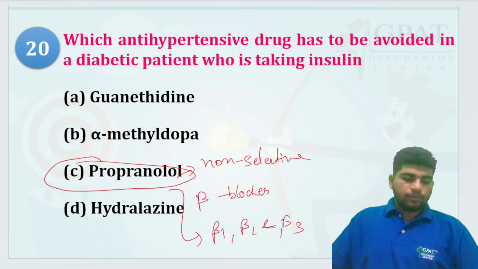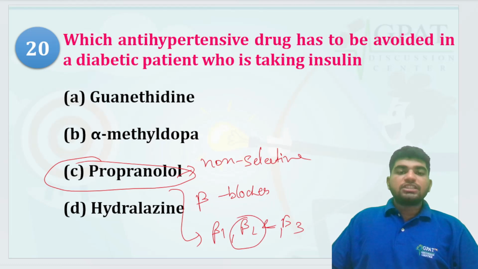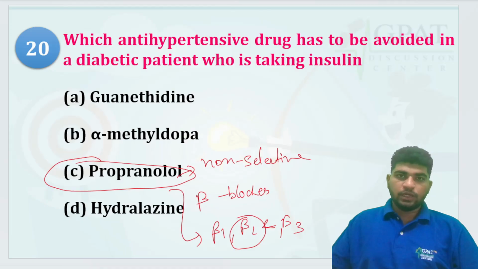Beta 2 is responsible for glycogenolysis and gluconeogenesis, which are responsible for an increase in the blood glucose level.